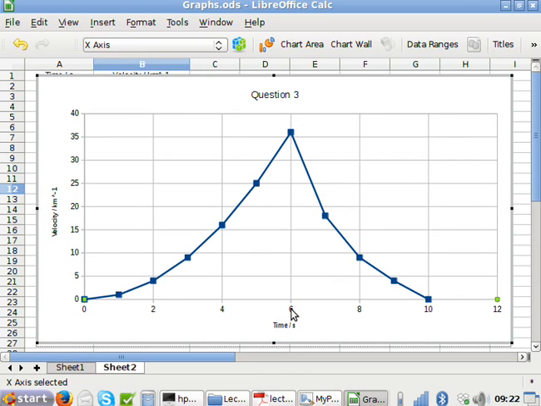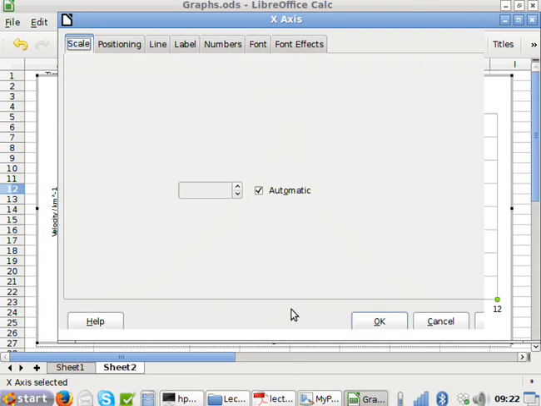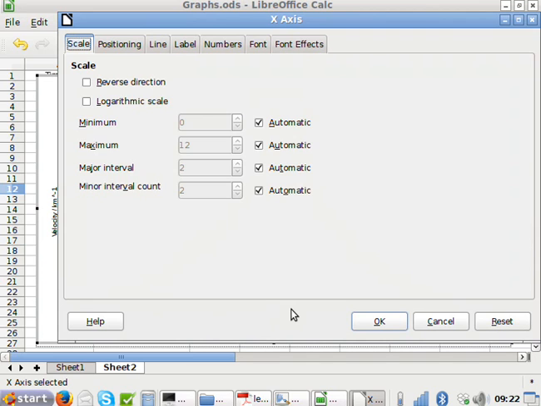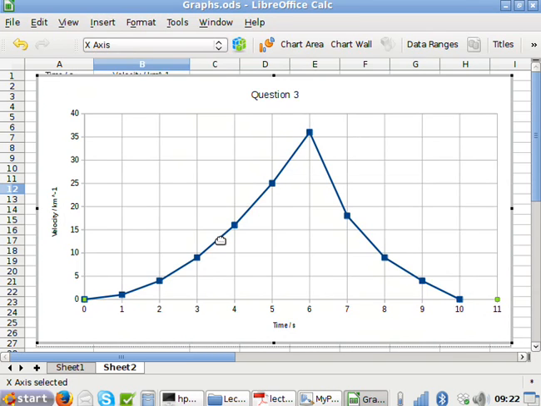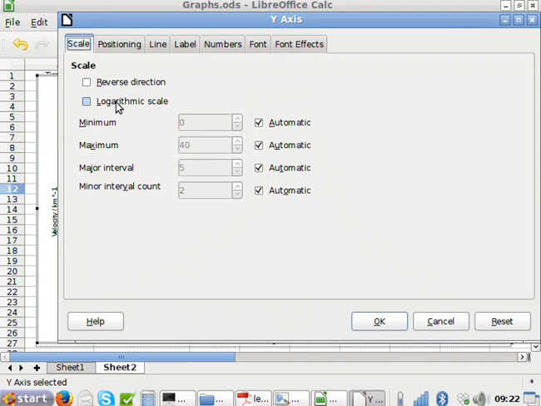Okay, and the velocities? 0, 1, 4, 9, 16, 25, 36, 18, 9, 40. Like this? Yeah. Okay. Chart.